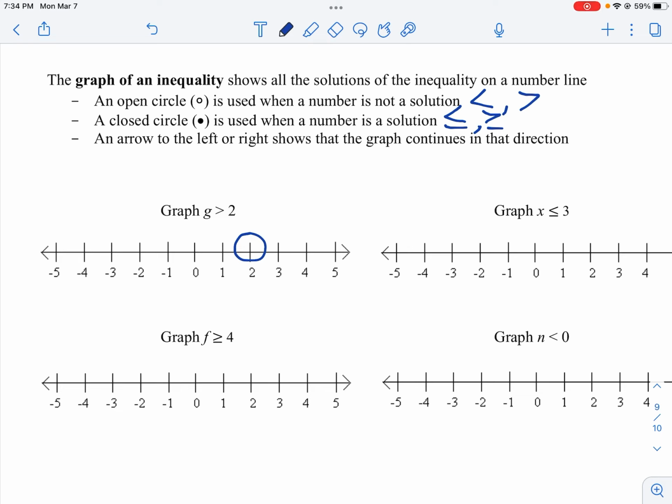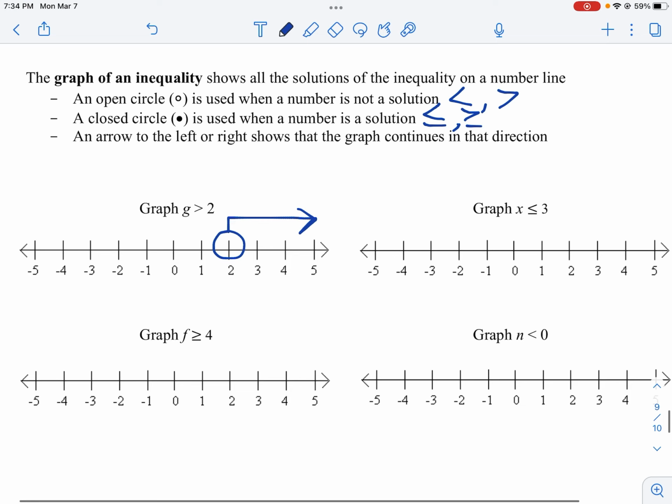It's saying g is greater than 2, so I'm going to graph it to the right because all those numbers are greater than 2. So your arrow is going to represent g, or whatever variable you're using. Okay, so it's saying g is greater than 2, so all of my solutions have to be bigger than 2.